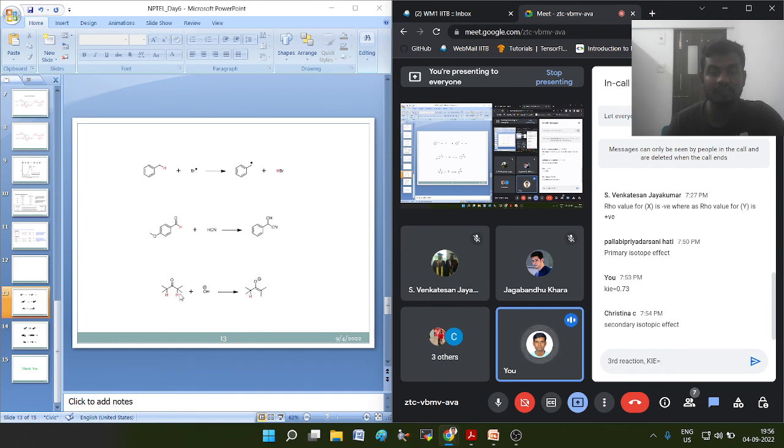This is one step only, and this step has the CH bond breaking, so it will be a primary kinetic isotope effect. So I will write primary, and what is the magnitude? It should be 4 to 6 kind of. It has 6.1.